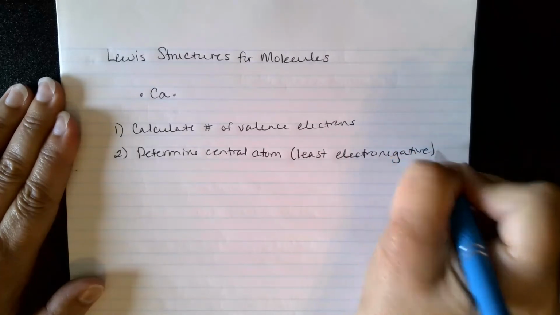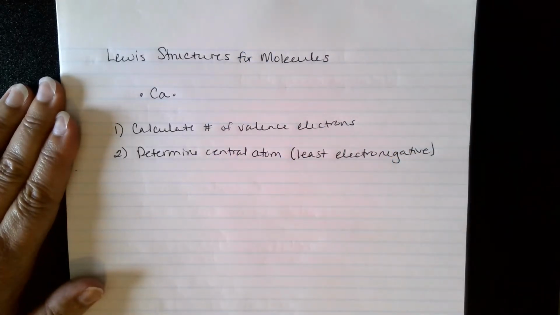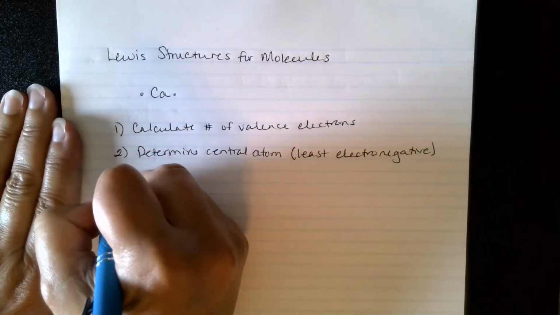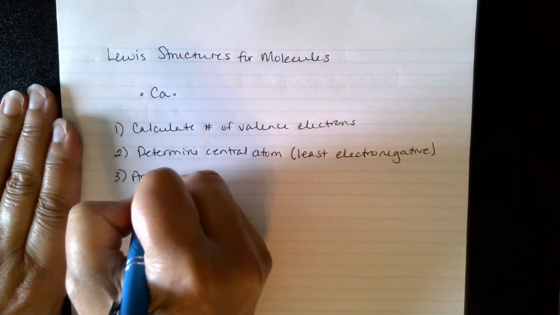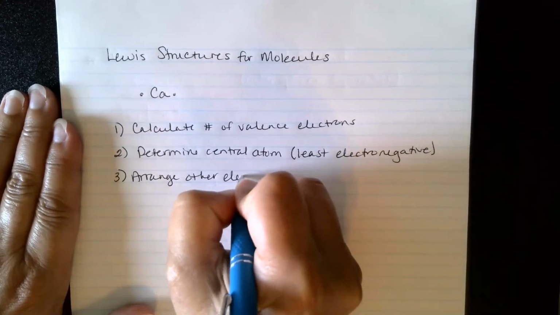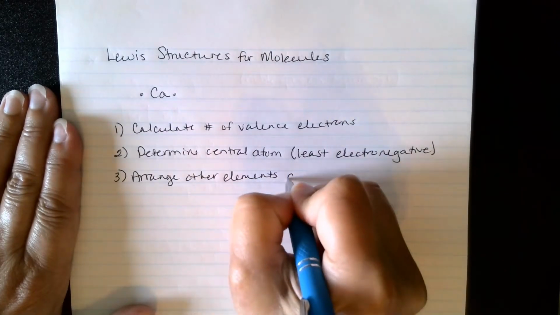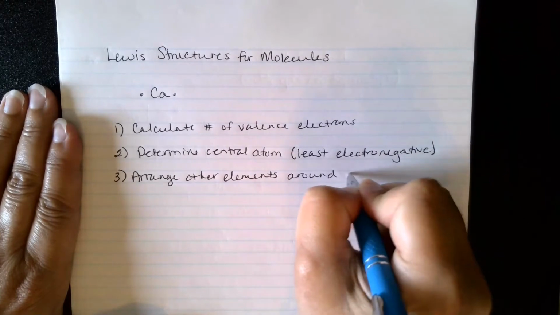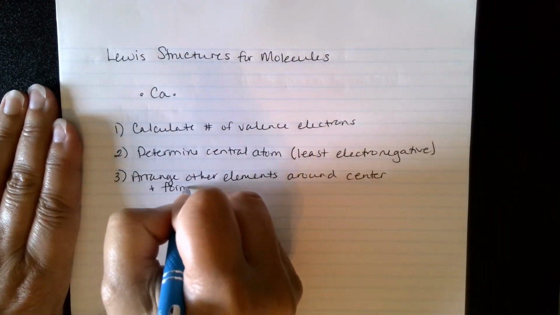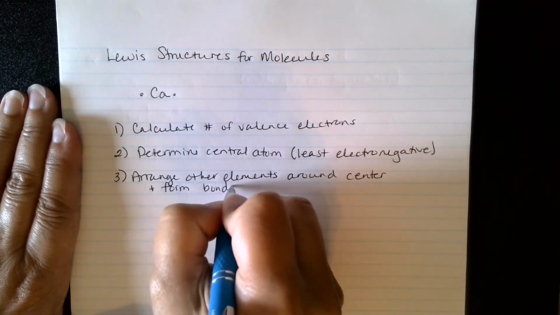When we looked at those electronegativity values on that chart when we talked about bonds being polar or nonpolar, you want to pick the one that's least electronegative most of the time. And then you want to arrange the other elements around it and form bonds between those.